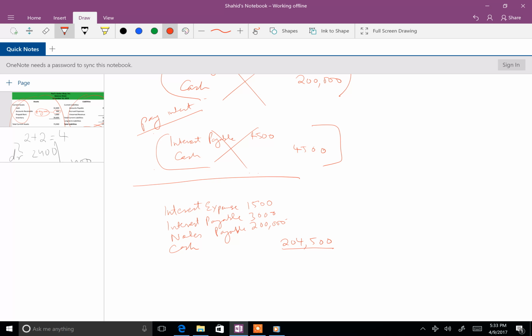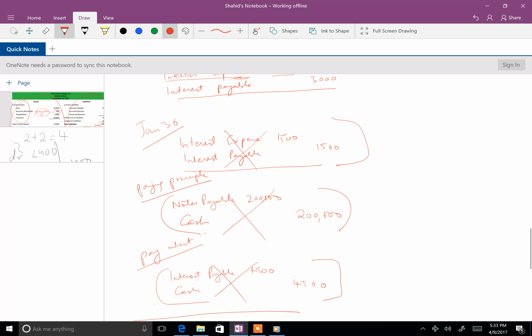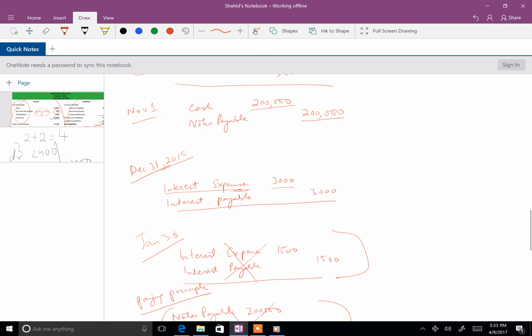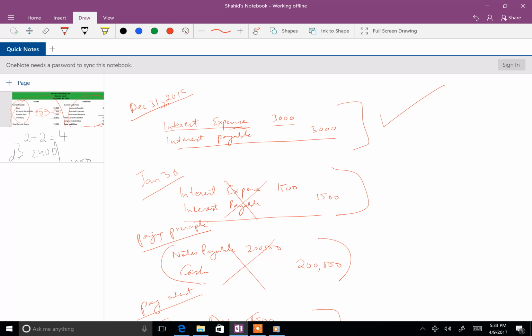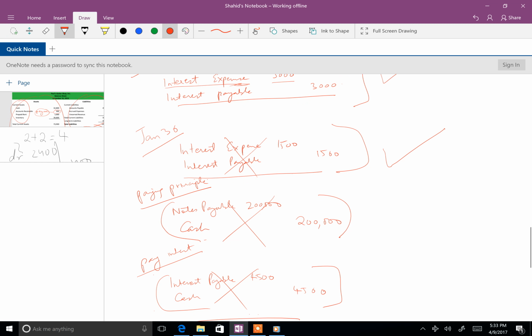So it's a small entry, and you can make it a one-time shot, or you can simplify it by showing that on December 1st you did this entry. On January 30th you also recorded an interest expense and created a payable, and then later you pay it.